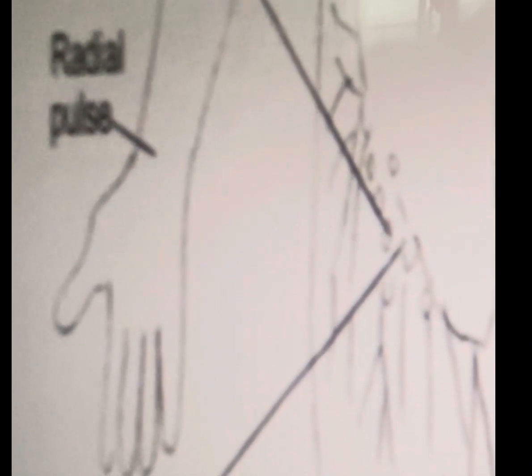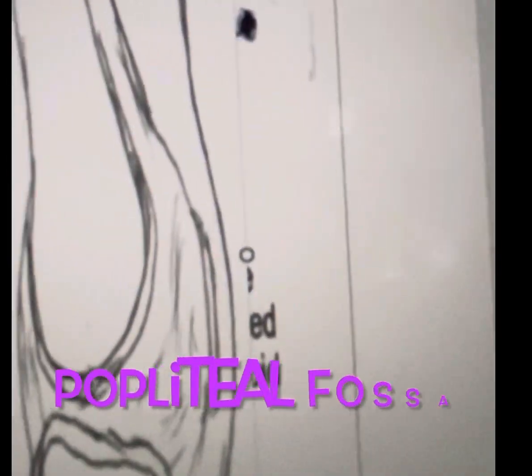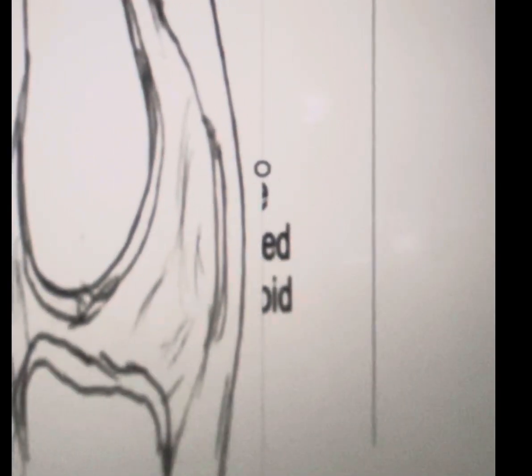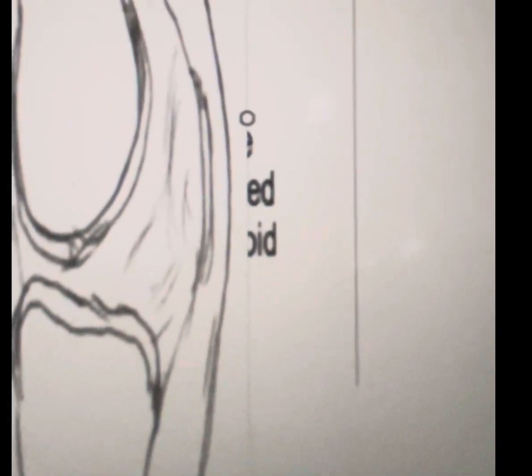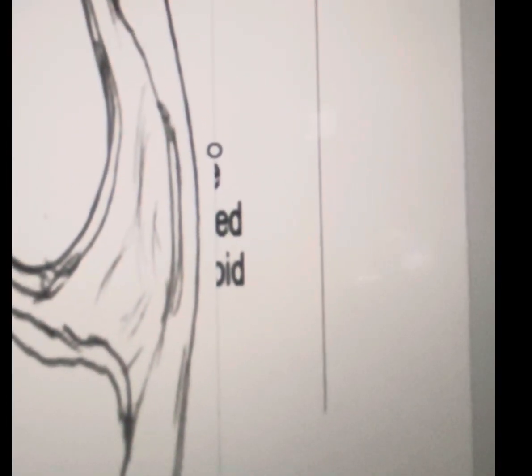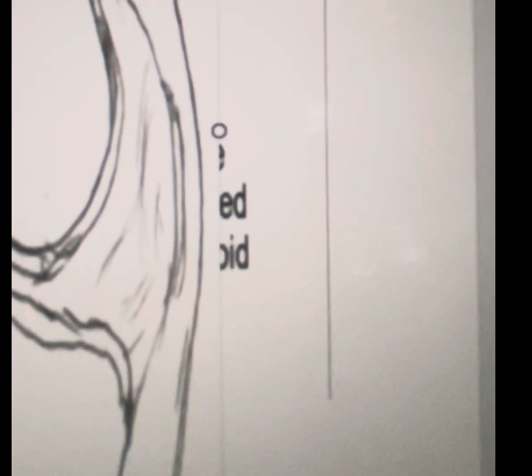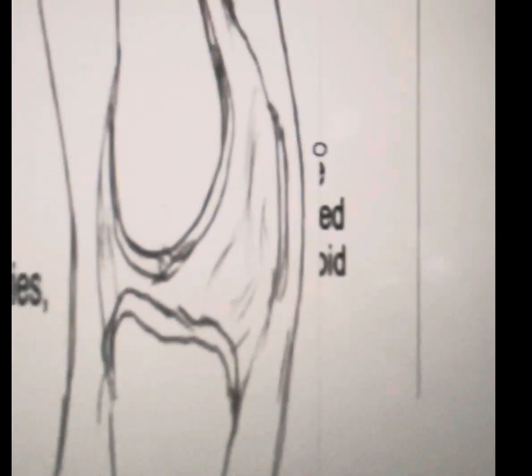That is the inguinal, our groin. Next one is the popliteal fossa, also known as the back of the knee. It contains the popliteal arteries, veins, and the tibial nerves.